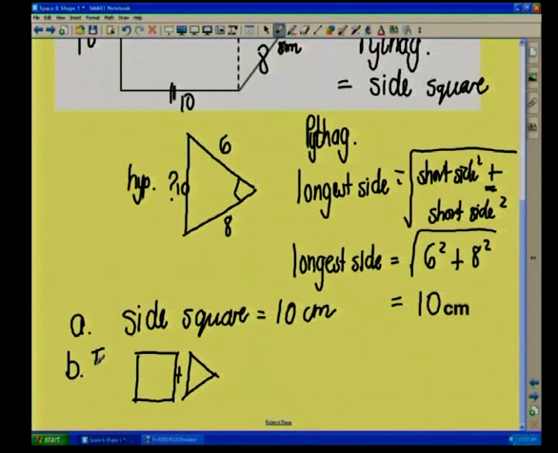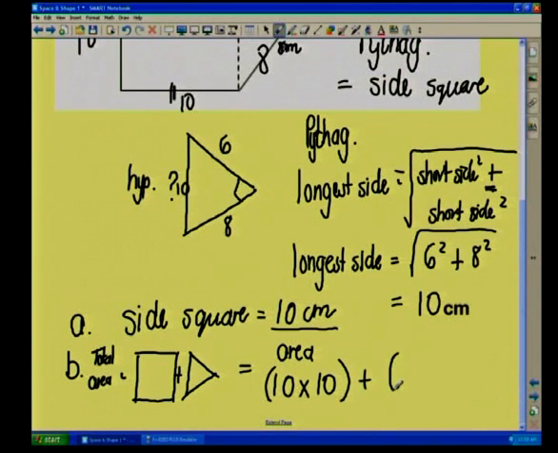So total area is equal to the area of my square plus my area of my triangle. So the area of my square, we know that the side of a square is 10 centimeters, so that's going to be 10 times 10. And I need to add on the area of my triangle.